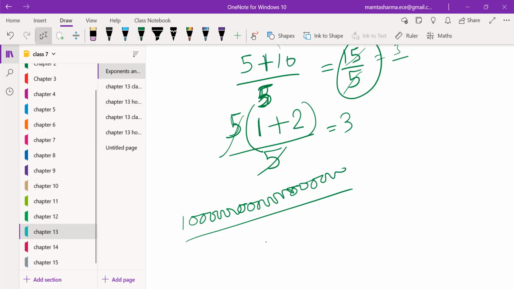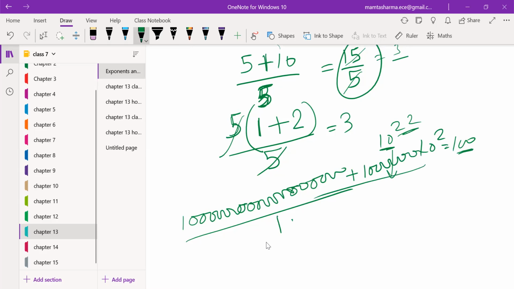10 raised to power 2 is 100, which means 100 adds 2 zeros. In the 22 exponent, add 22 zeros, plus add 20 zeros, divided by 20 zeros.